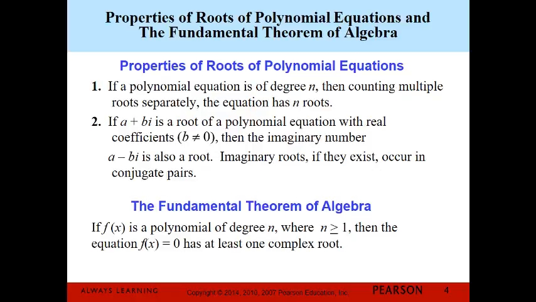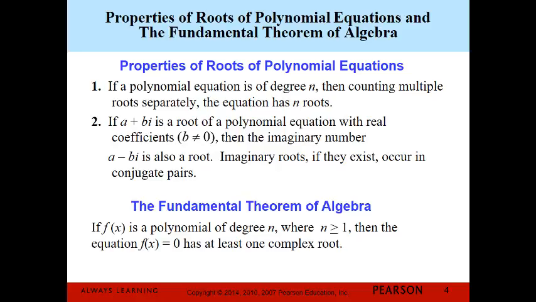Next, we're going to be using the properties of roots of polynomial equations. So the first property we're going to make use of is the fact that if a polynomial equation has degree n, then counting multiple roots separately, the equation has n roots.